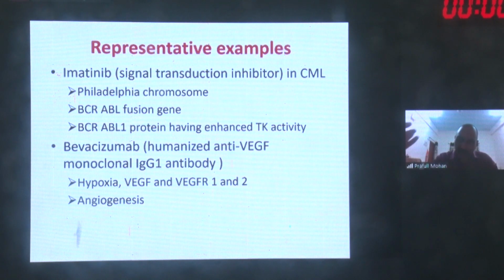So if you stop this angiogenesis somehow, you will starve the cancer cell. It will not be able to grow, and that's what we do with bevacizumab, which is a monoclonal antibody against VEGF. Of course, you can block the VEGF receptor as well, which we do with other drugs. So the point is to stop angiogenesis.